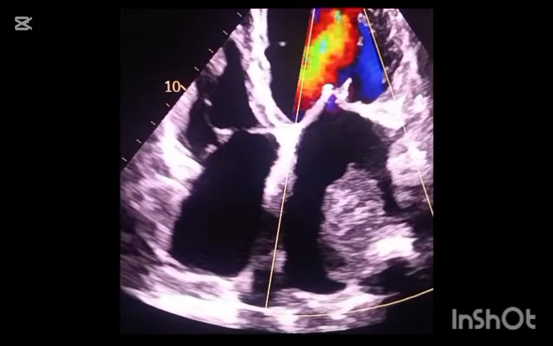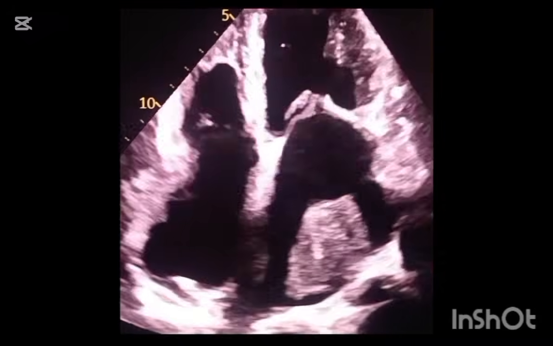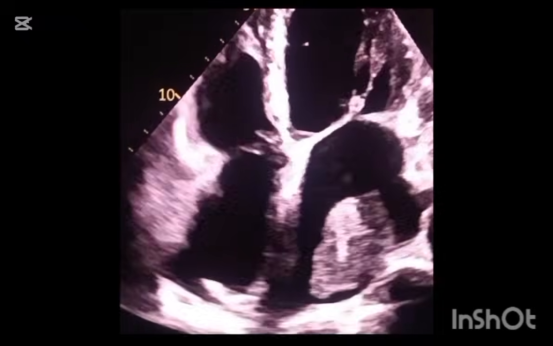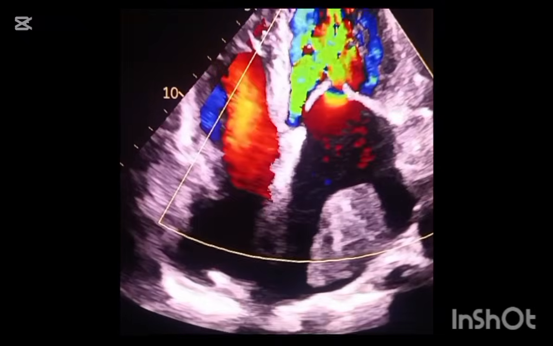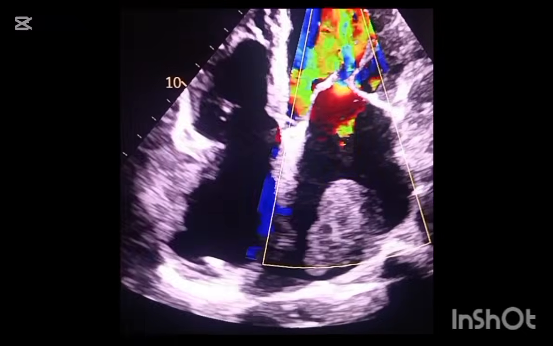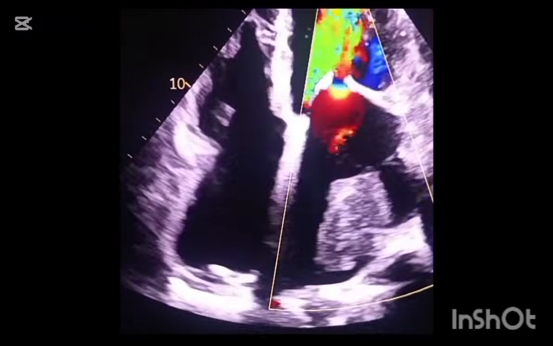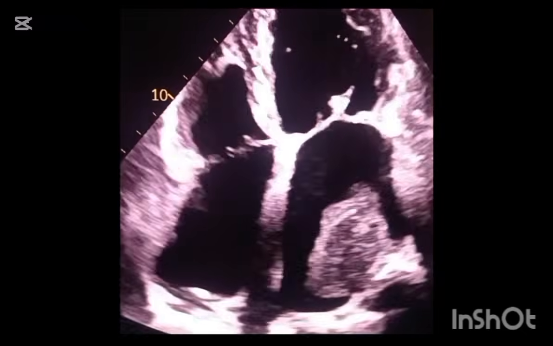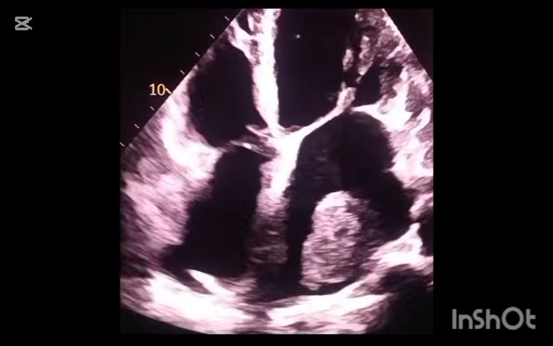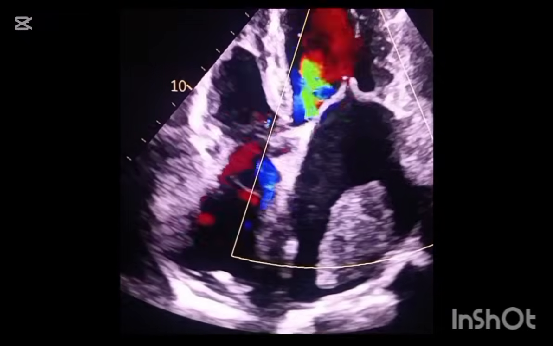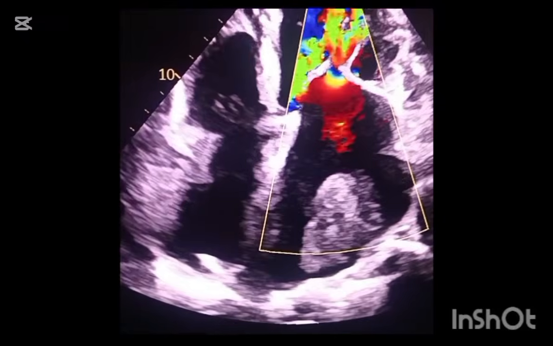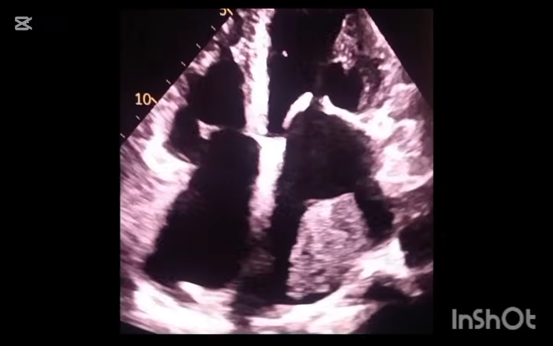Because this patient has mitral stenosis, this is a thrombus in the left atrium cavity. This is not a myxoma, and this is by the location. This is not in the atrial septum. So this is a thrombus due to blood stasis because there is severe mitral stenosis. This is not a myxoma.